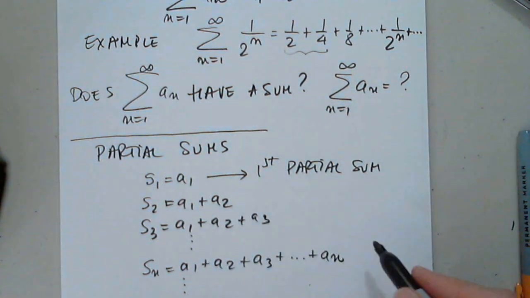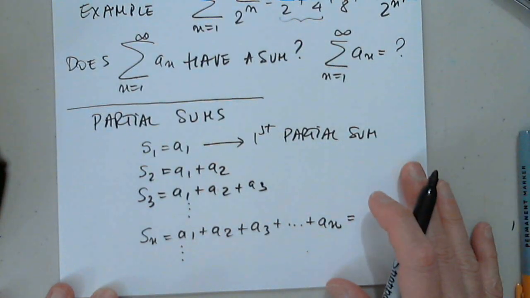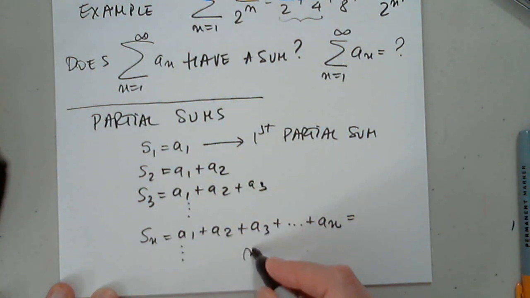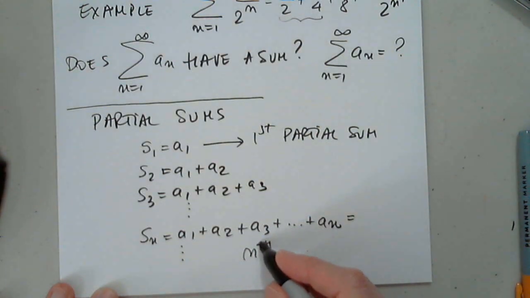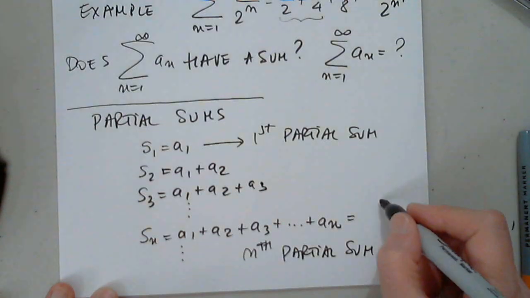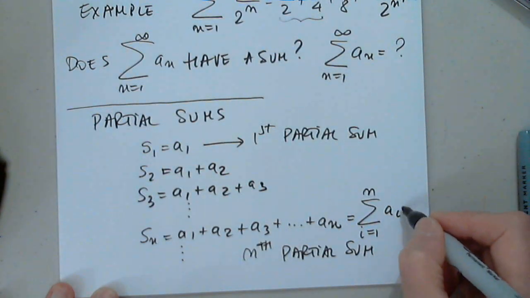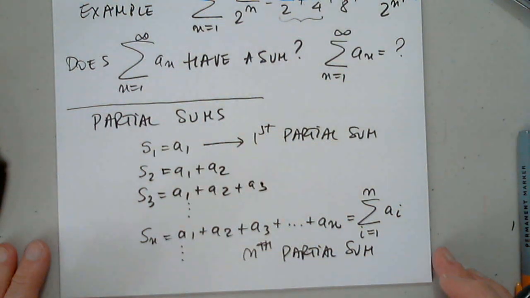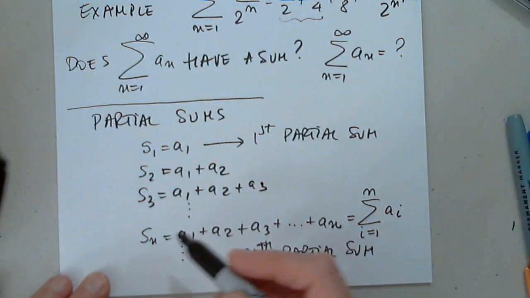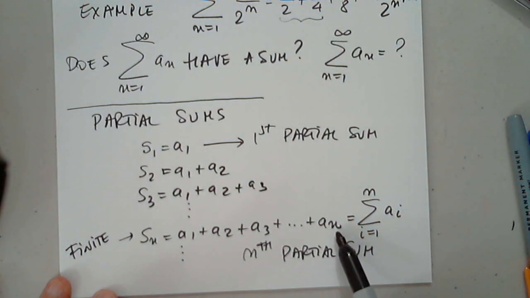Of course, the second, the third, and this is nothing else but, and the notation is extremely important, the nth partial sum. It's the sum from i equals 1 through n of a sub i. Okay, so this is finite because it ends at n.